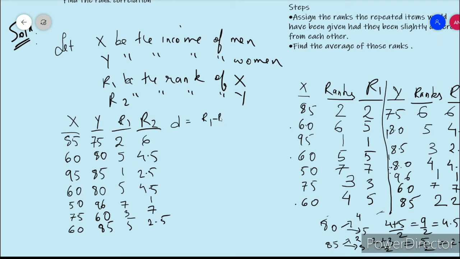Is R1 minus R2, 2 minus 6 minus 4, 5 minus 4.5, 0.5, and we find the values accordingly.